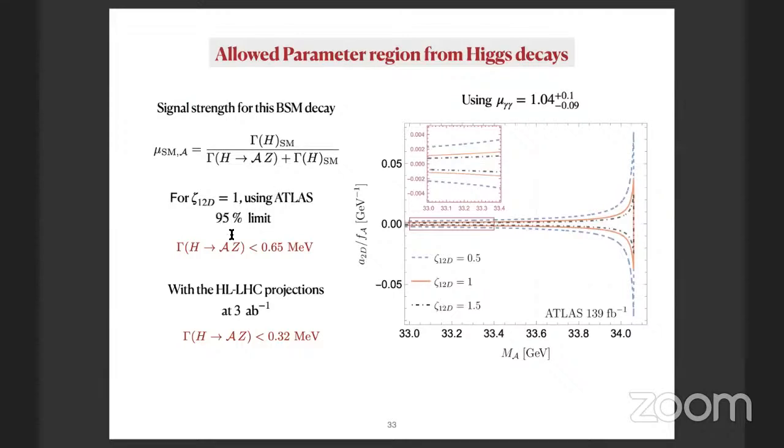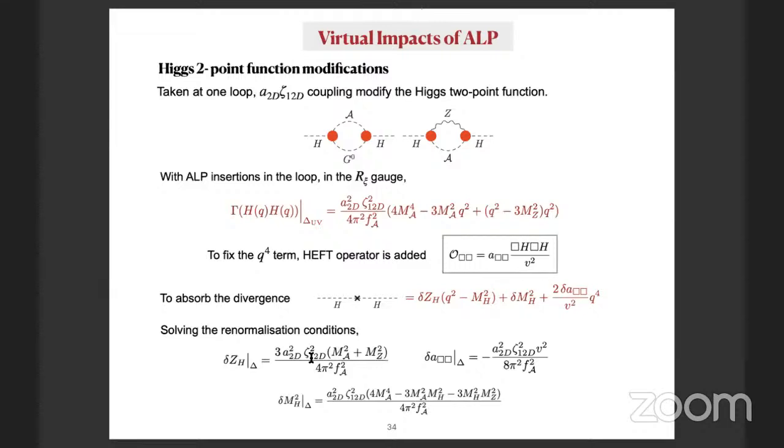And also for the particular choice of one, we saw that using this signal strength, we can find the upper bound on the Higgs to axion Z decay width, which came out to be 0.65, whereas at high luminosity this gets reduced by half.